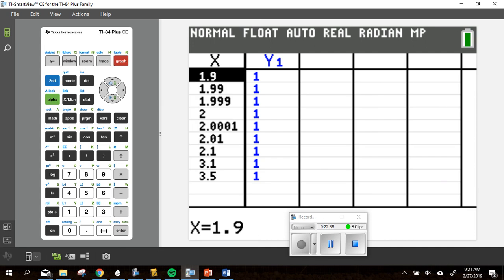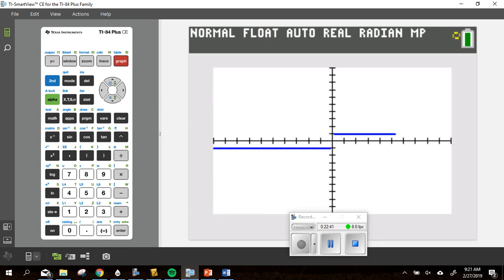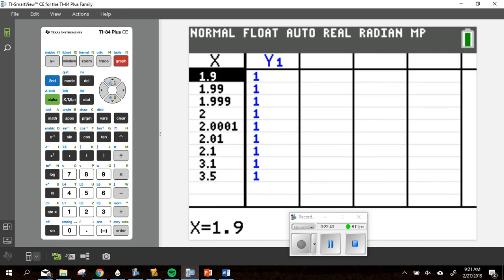Second table. You're trying to find the number as x approaches, what are we approaching? 0. See if you can do that.